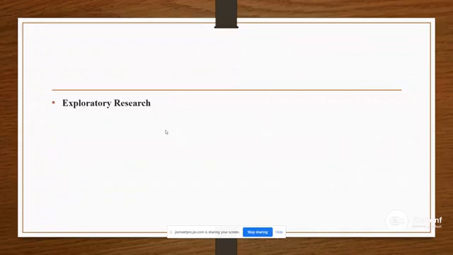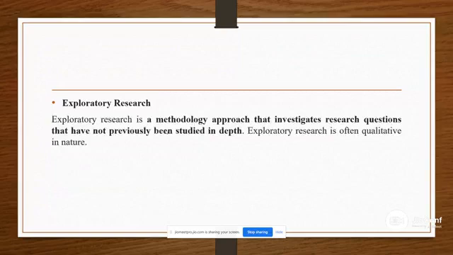Then you have exploratory research. This is again a very common and popular kind of research, exploring something out. It is a research or methodology approach which investigates research questions that have not been previously studied in depth.